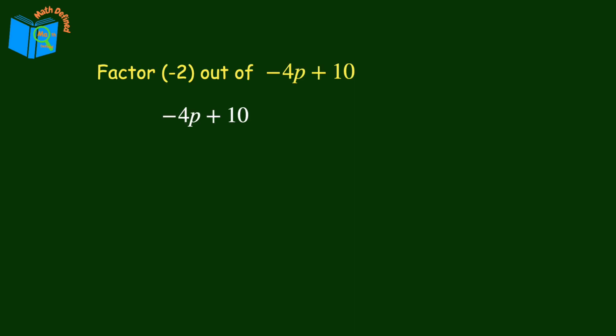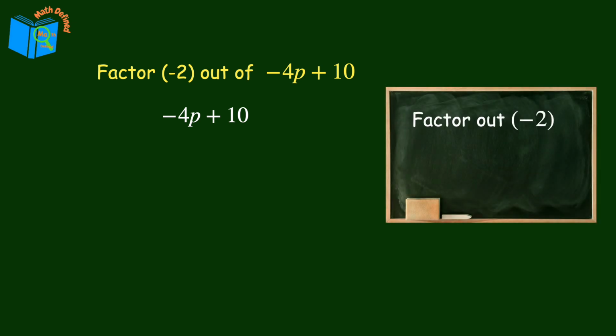Now that we've factored out with positive numbers and coefficients, let's look at what happens when we're working with negative numbers. Factoring out a negative value follows the same steps, but requires a bit of extra attention to the signs. Let's see how it's done with this expression, negative 4p plus 10. We're being asked to factor out a negative 2.